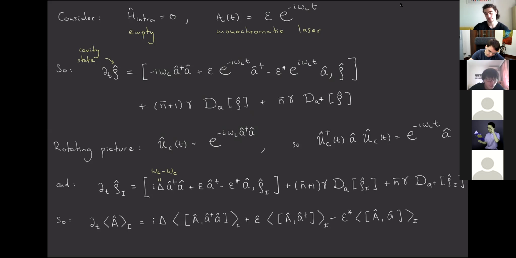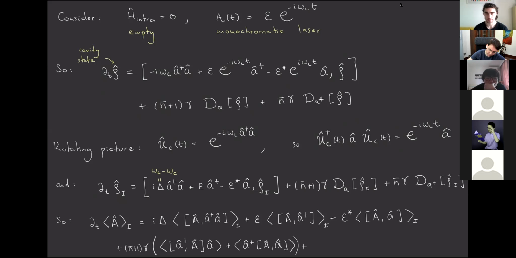And then we have the terms that come from the dissipators. These terms, as I said, can be written as the commutator of the jump operator dagger. In the first case, the jump operator is a, so we have to put a dagger, times the commutator of A with the jump operator, plus the jump operator dagger times the commutator of A with the jump operator. That is the first term.